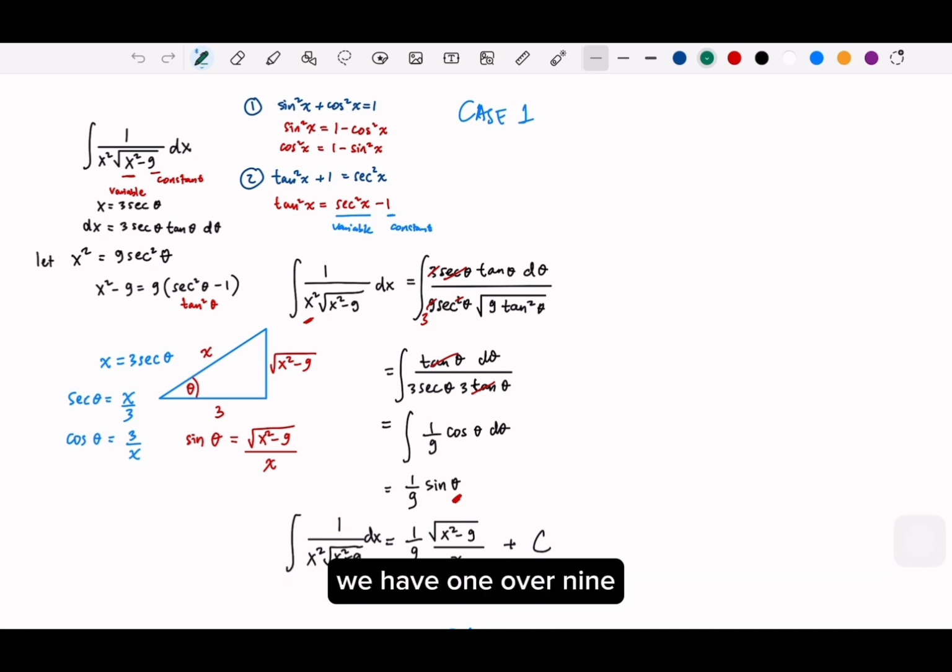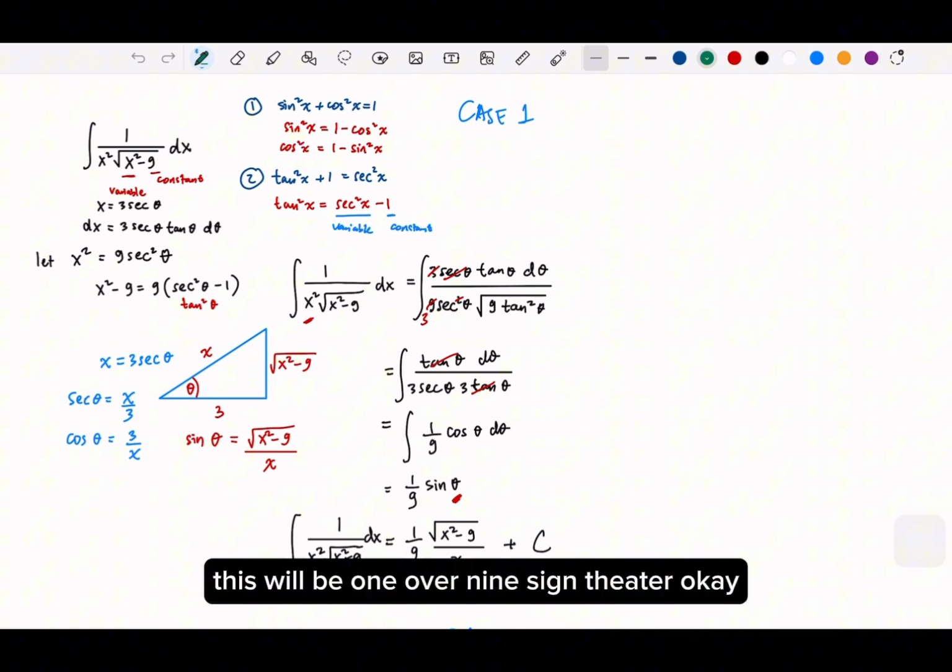So we have 1 over 9. 1 over secant is cosine. So here is 1 over 9 times the integration of cosine theta d theta, which gives 1 over 9 sine theta.